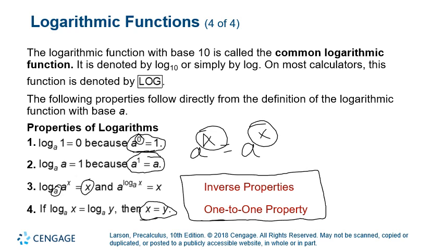And where the one-to-one property comes into play is if you have a log of a term equal to a log of a term, and those logs have the same bases, then you're essentially dropping the log from the equation like this. That's really what the one-to-one property is doing.